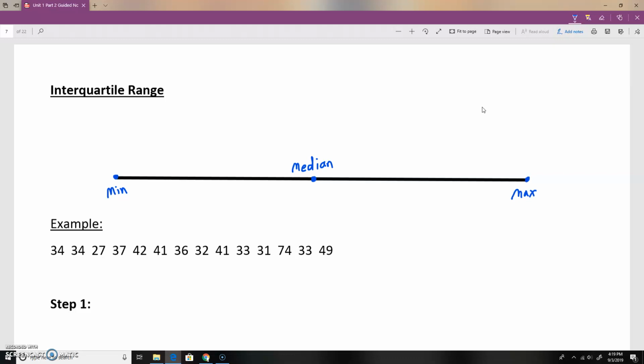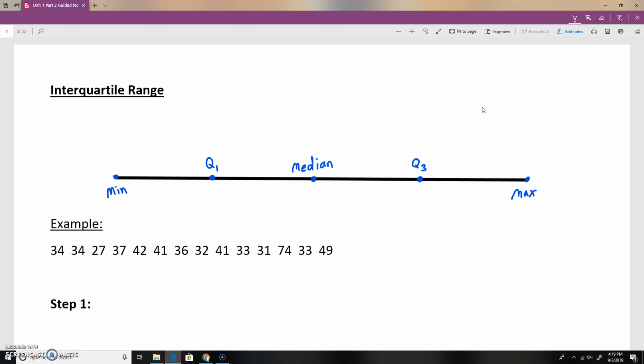Well, if we took this lower half and we split it into two, right between the median and the minimum, this is what we call our first quartile, our Q1 value. If we go right in the middle between our median and our maximum value, that is what we call our Q3, or our third quartile.